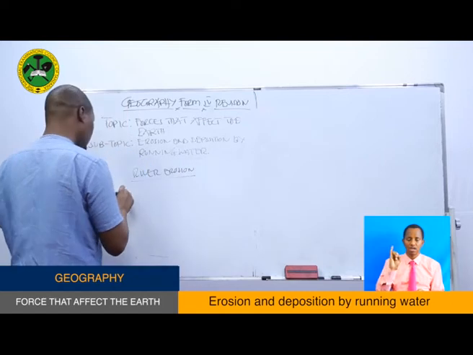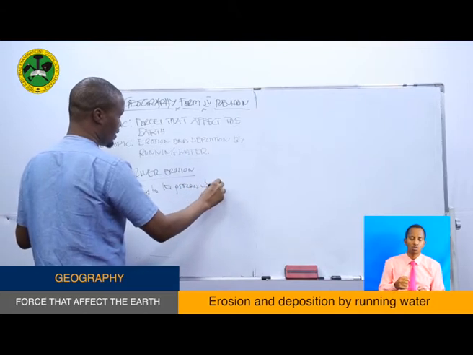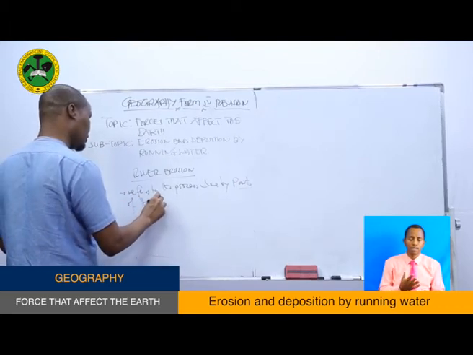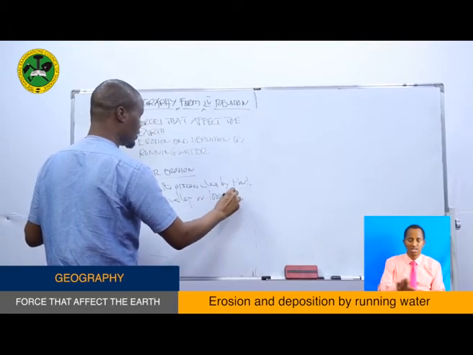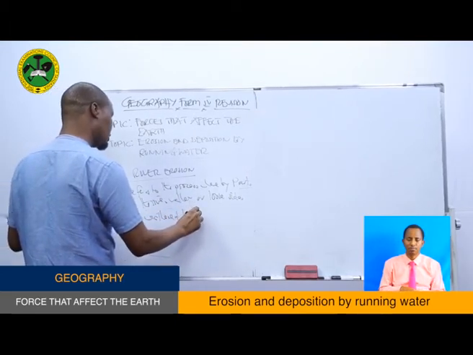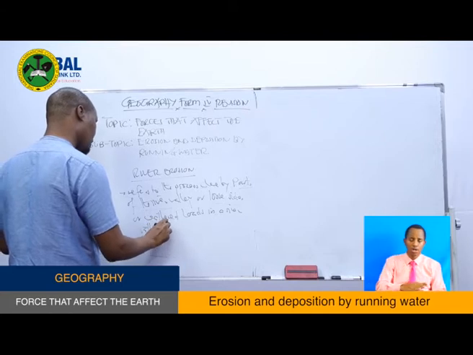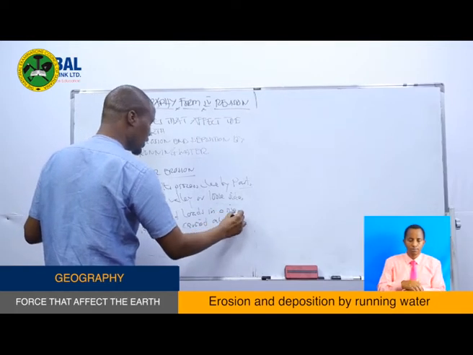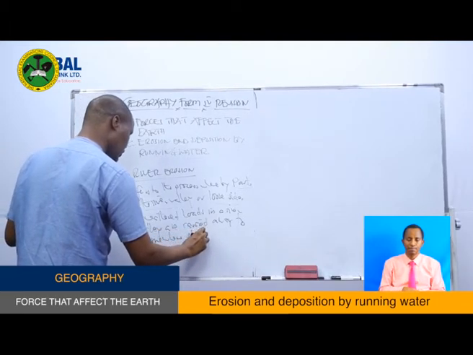River erosion refers to the process whereby parts of the river valley, or loose sides, or weathered loads in a river valley are carried away to somewhere else by the river.